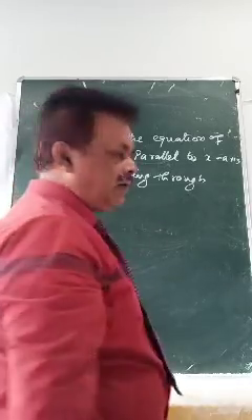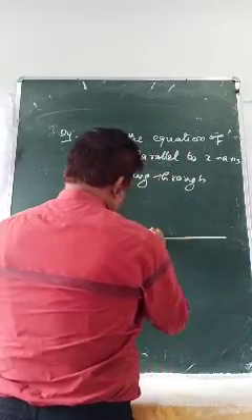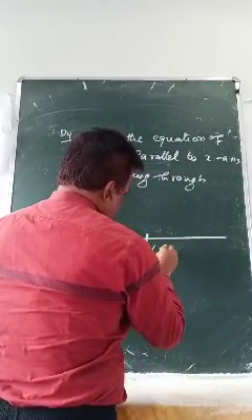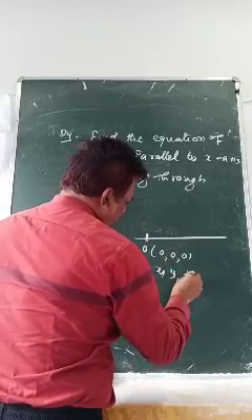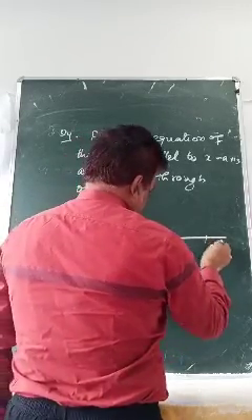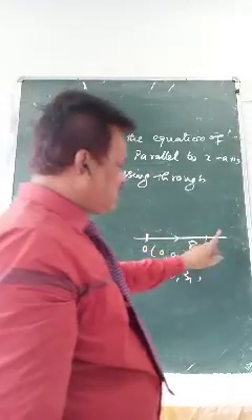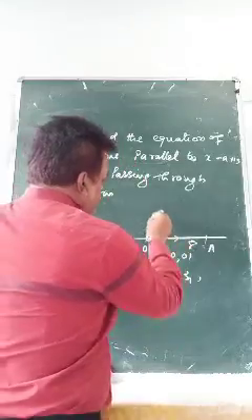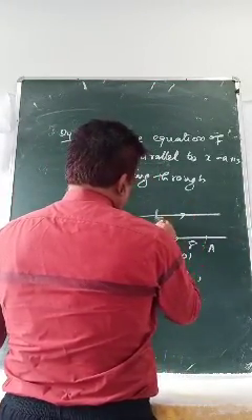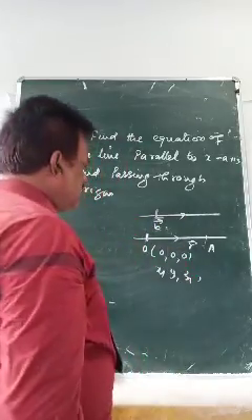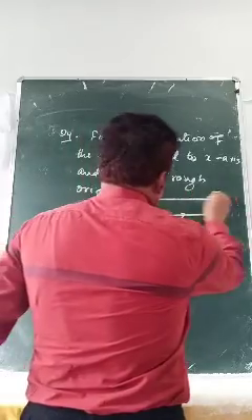Okay, I'd like to remind you, the line passing through origin means (0, 0, 0). This is called x1, y1, z1. This is your r vector. The line is determined if you have a parallel vector b. How to find b? Now this is parallel to x-axis.